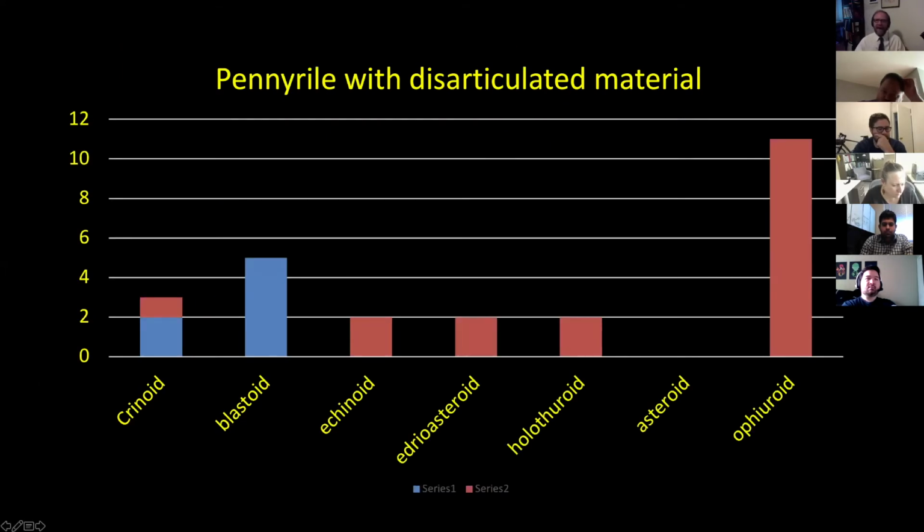This is what we add if we add in what we know from isolated elements. Ignore what the crinoids are. The crinoids would probably be way off the graph here, but I don't have the skill set to understand that crinoid data. The blastoids didn't change, but we added echinoids, 2 species, edrioasteroids, 2 species, sea cucumbers, 2 species, and 11 species of brittle stars.